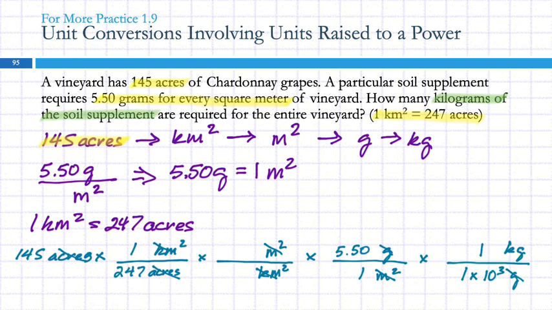So let's do a little writing on the side here. And let's think about meters to kilometers first. Well, kilo means 10 to the 3. So 1 kilometer is 1 times 10 to the 3 meters. Here, it's squared. So I need to square this and square that.